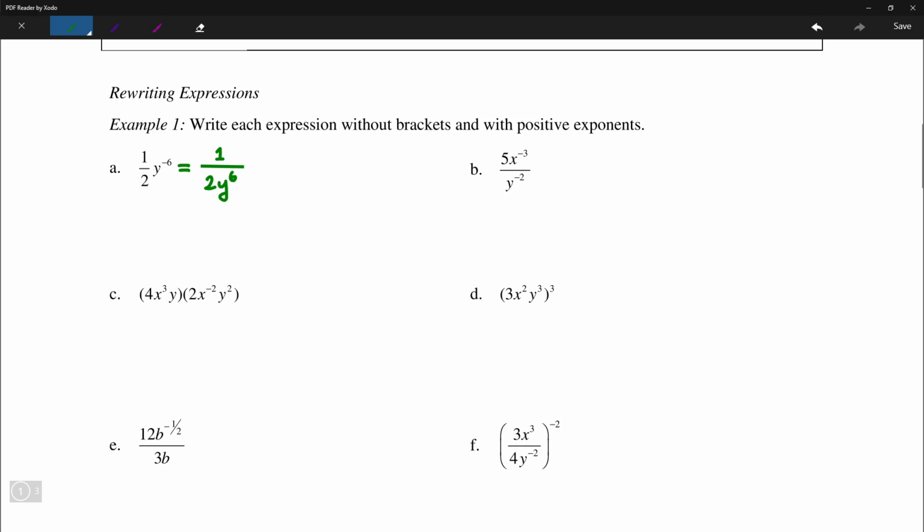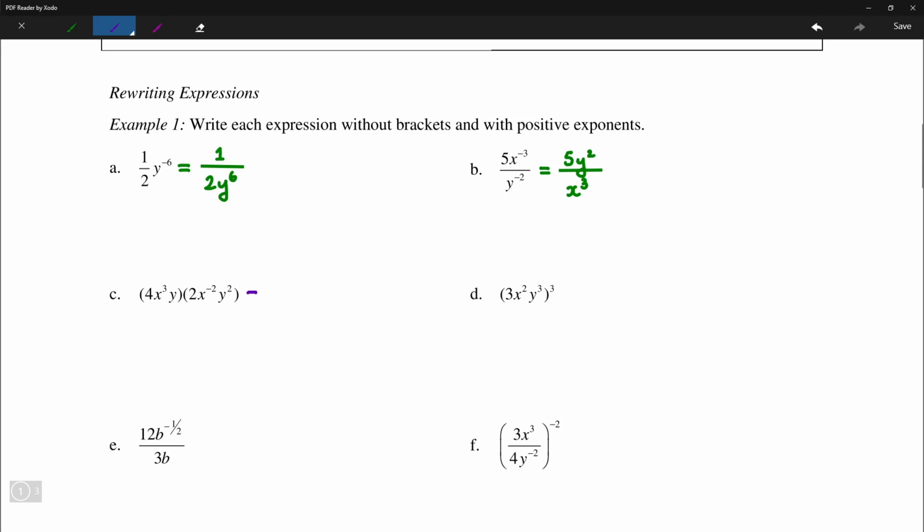So part B, very similar. Both the exponents on the x variable and the y variable are negative, so we take the reciprocal of each one. So we end up with 5y squared over x cubed. Just like that. Next one. So here we can multiply the coefficients together.